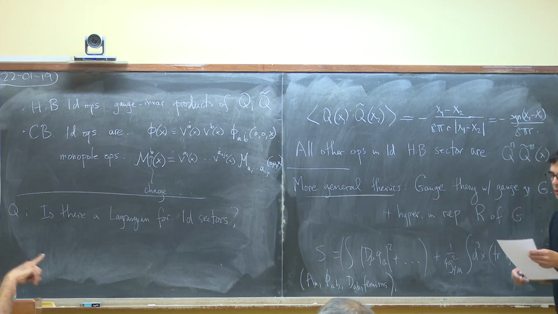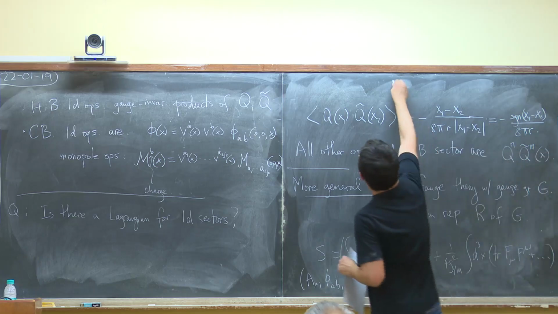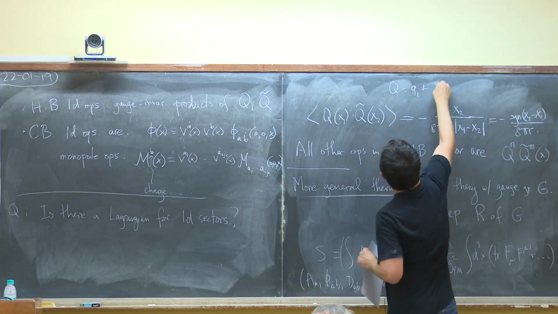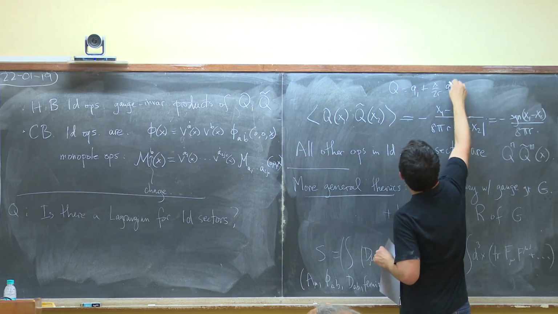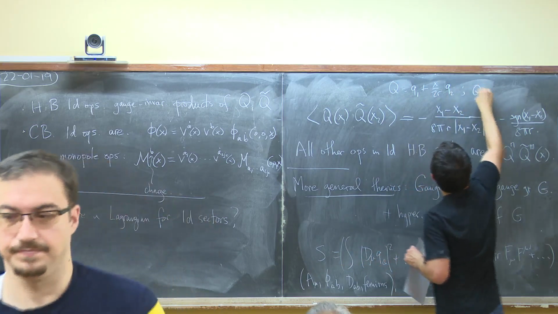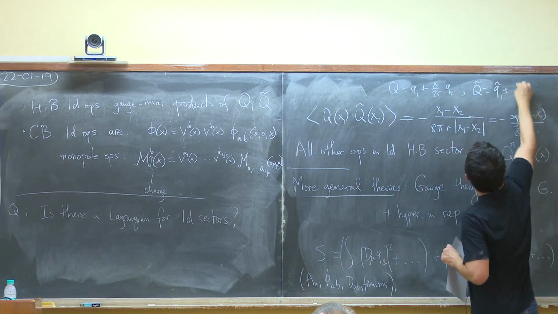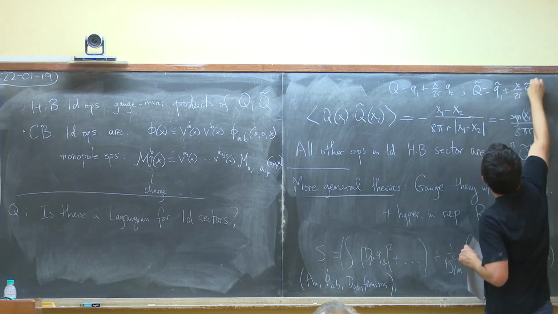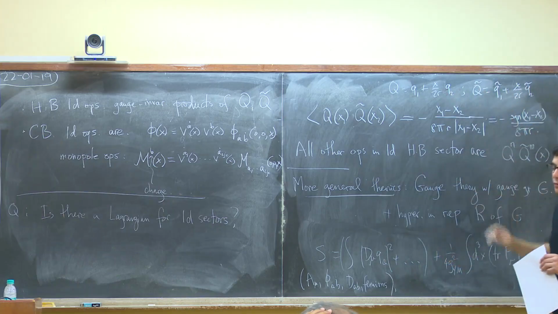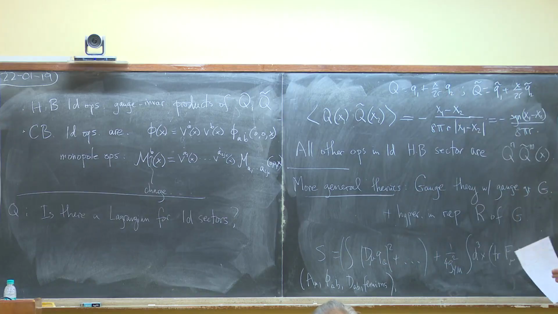Sorry, Q and Q tilde were what again? Q and Q tilde, Q is Q1 plus x over 2r Q2, and Q tilde is Q1 tilde plus x over 2r Q2 tilde, all inserted on a line. Little q and what was the tilde? You took the star and you raised it.